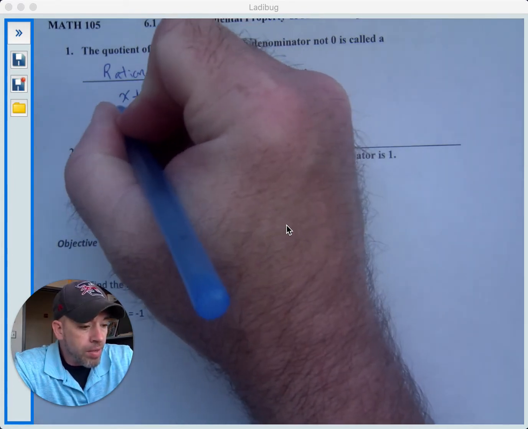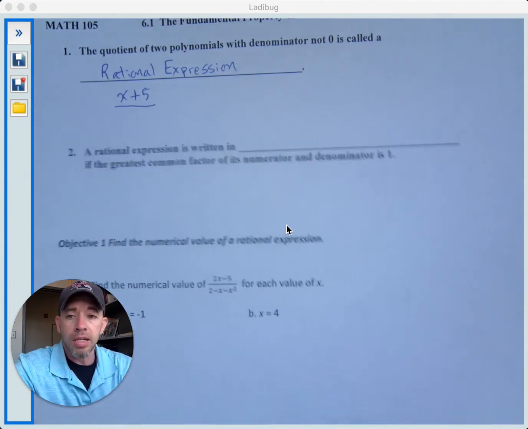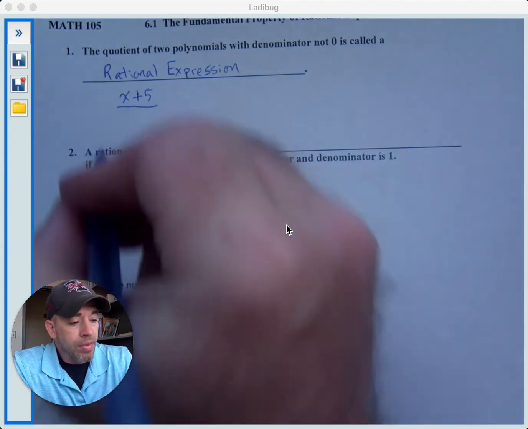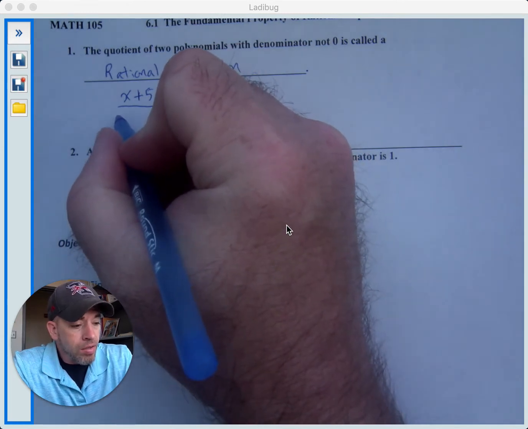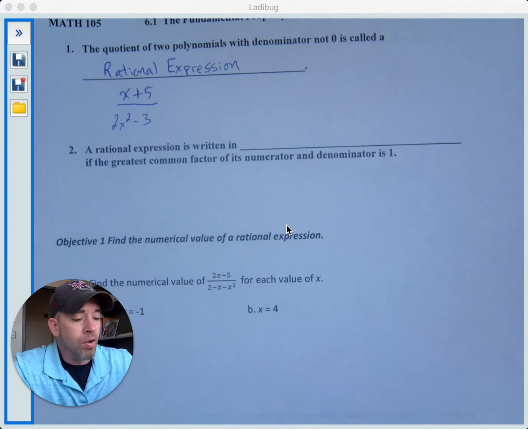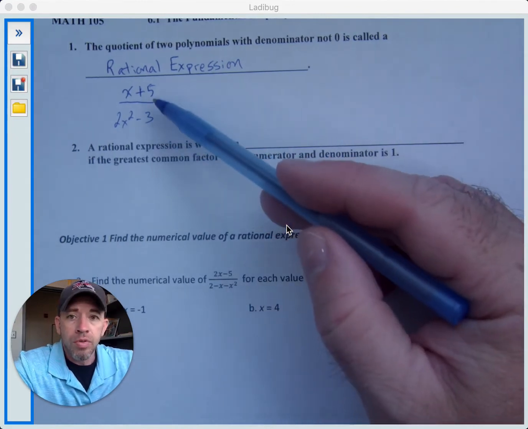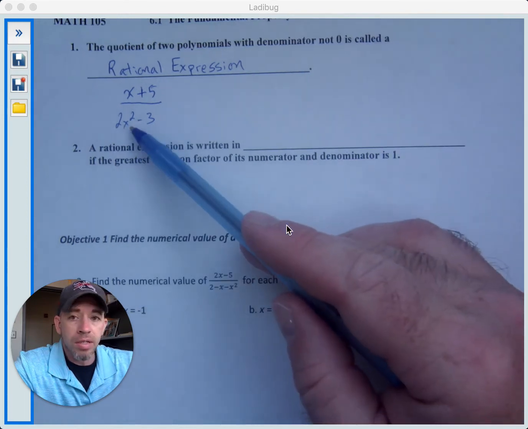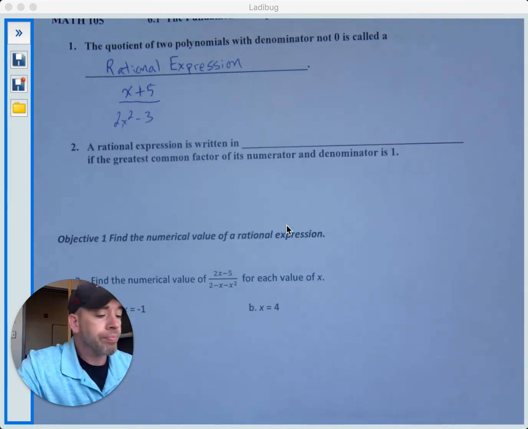That's a polynomial. It's a binomial in this case. And so we put that over another polynomial, like maybe 2x squared minus 3. So that is a polynomial over a polynomial, which would make this a rational expression. As long as the denominator is not 0, we're okay.